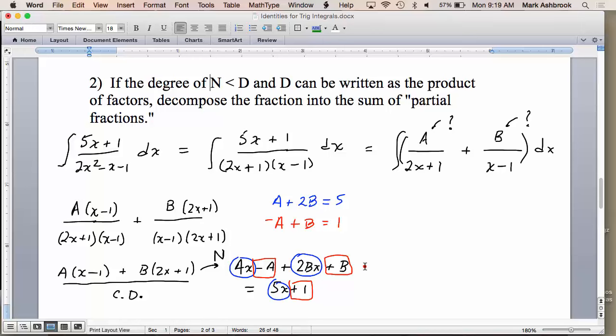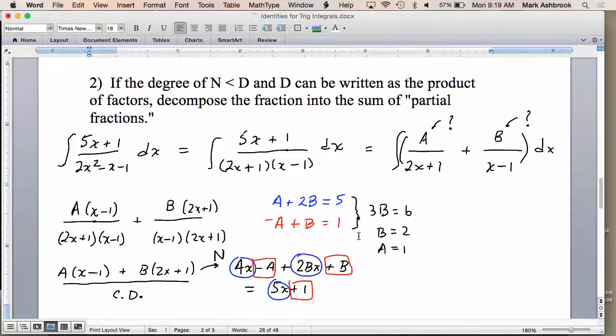So now we've got to solve these. We've got 2 equations, 2 variables, and this one is very friendly because I can just add these 2 equations together and the A goes away, since A plus minus A is 0. I get 3B equals 6, and so B equals 2, and using either equation to backtrack, A equals 1.